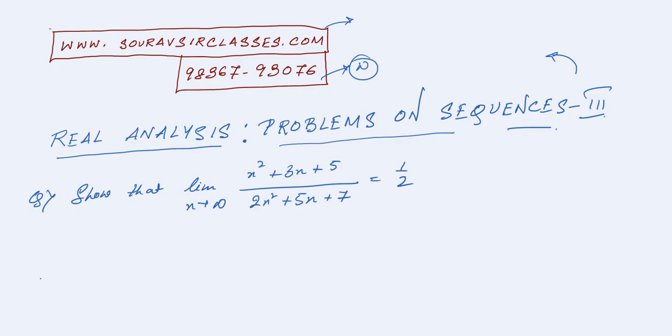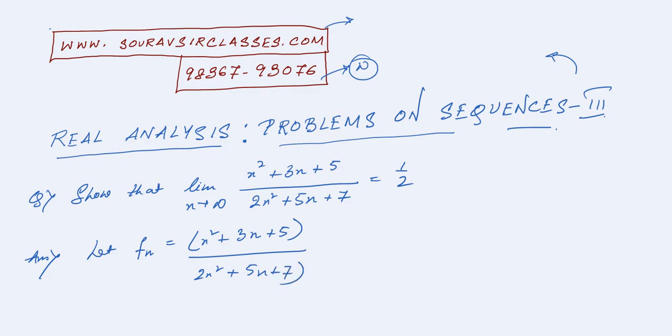Okay, so the answer, let's begin by, let the sequence be f_n equal to (n squared plus 3n plus 5) divided by (2n squared plus 5n plus 7), and let epsilon greater than 0 be given.